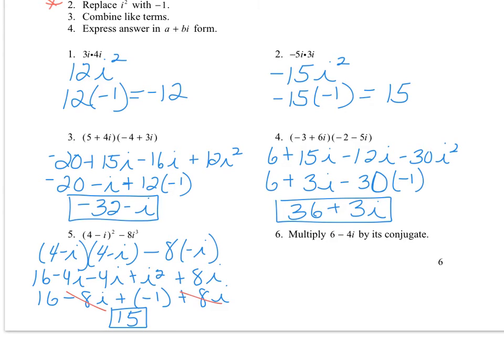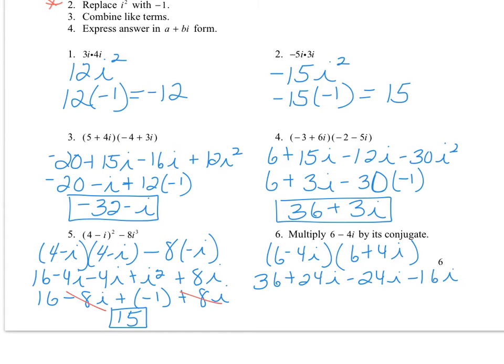Okay, number 6. Multiply 6 minus 4i by its conjugate. All right, 6 minus 4i times its conjugate is 6 plus 4i, which means the two terms in the middle should cancel out. So I have 36 plus 24i minus 24i minus 16i squared.